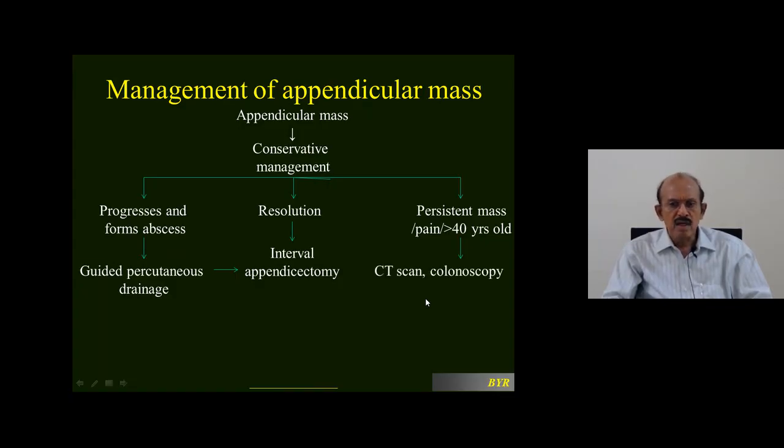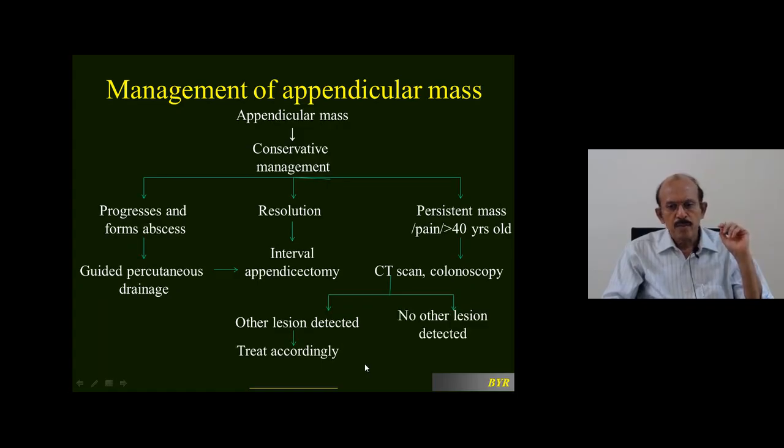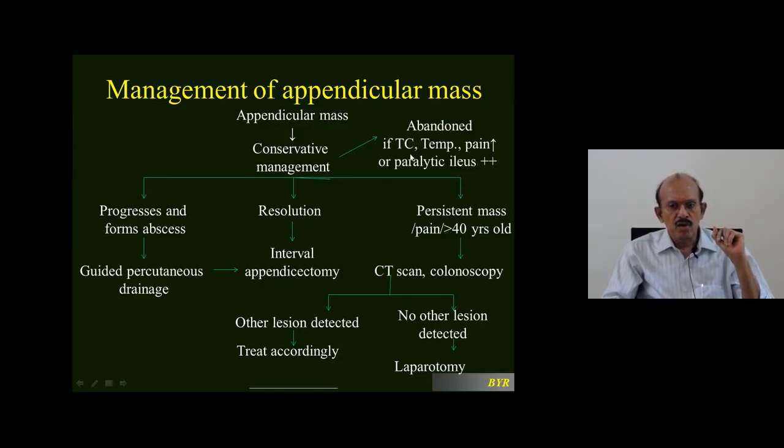That's why you go for CT scan and colonoscopy. If another lesion is detected, that means tuberculosis or carcinoma or carcinoid, do accordingly. If no other lesion is detected, you do laparotomy and appendectomy. Considered management is abandoned if total count, temperature or pain increases, or if paralytic ileus is present.